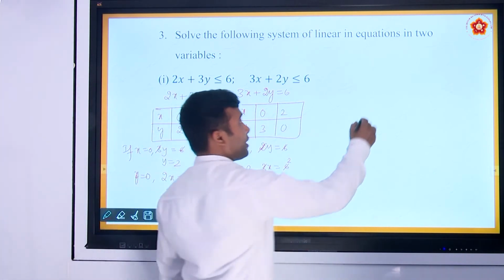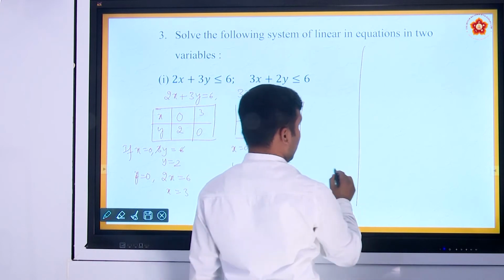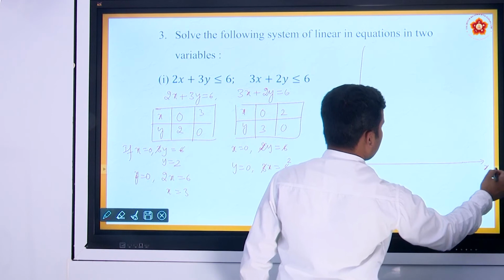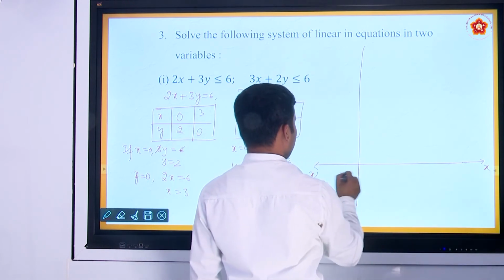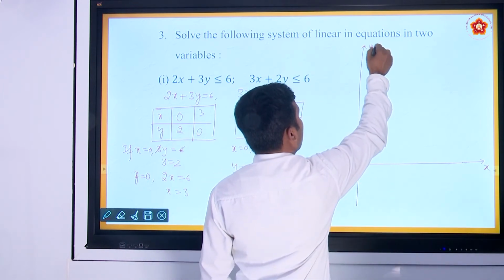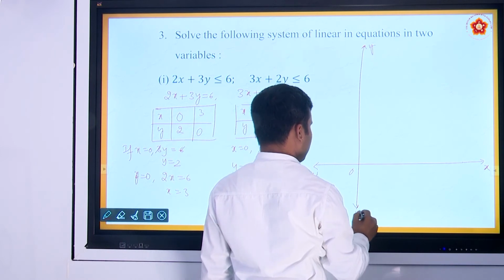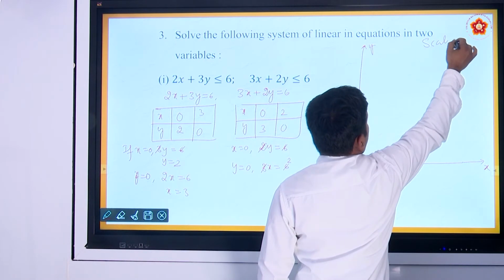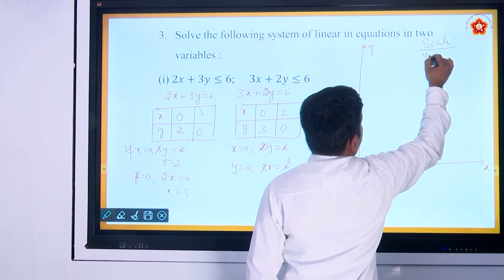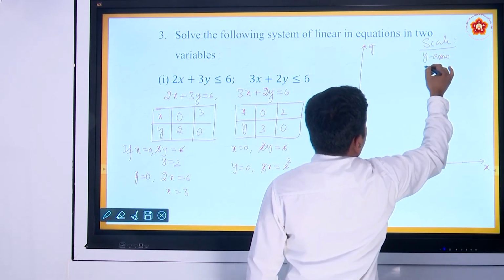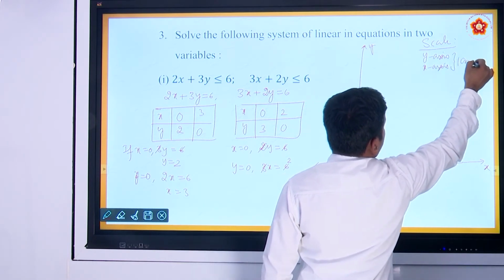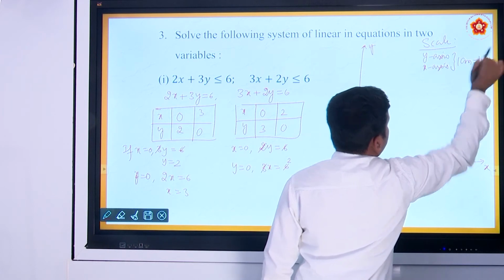So now let us represent this in the xy plane. X dash, origin, y dash. Now you must take the scale for both the y-axis and x-axis as 1 centimeter is equal to 1 unit.